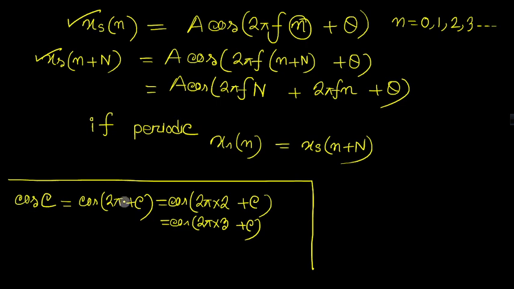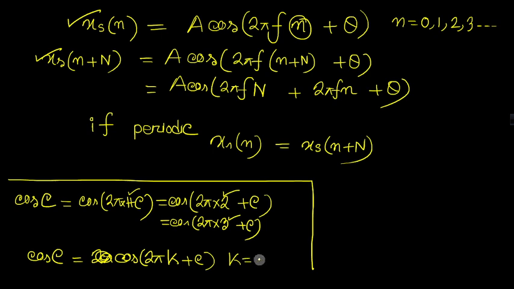That means if you have an integer multiple of 2 pi, cos c will be equal to it. So cos c is equal to cos of 2 pi k plus c, where k is an integer. It can be 0 or 1 or 2 or 3 and so on.